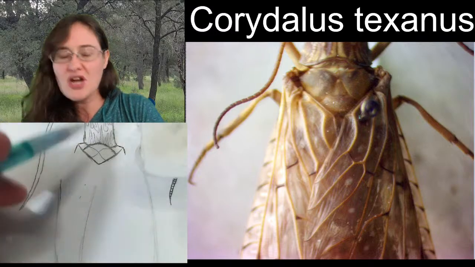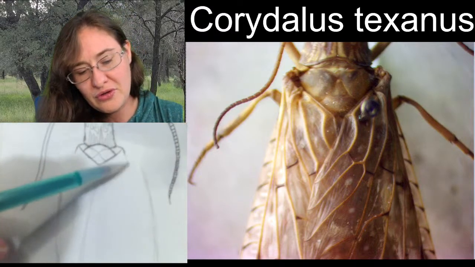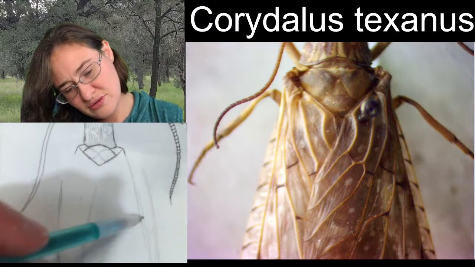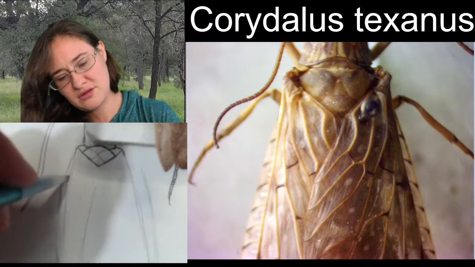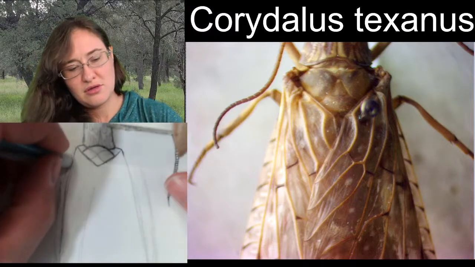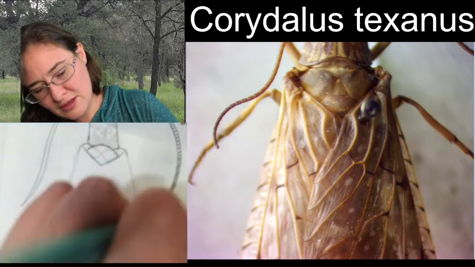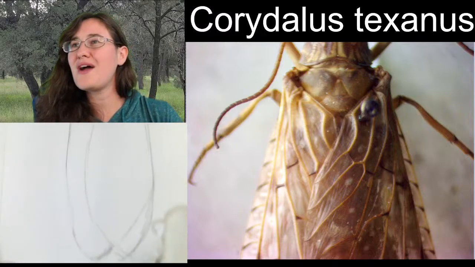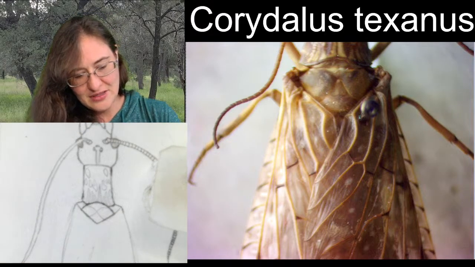But if I start right around here and I move down like this, let's see. Get rid of some of these lines that I don't need anymore. You know what? This is looking a lot better already. That's all I needed.